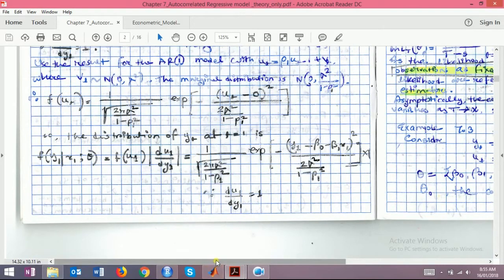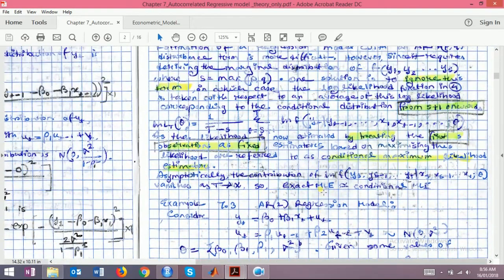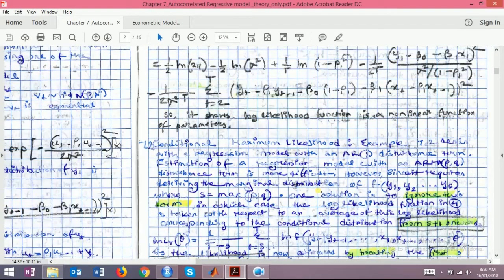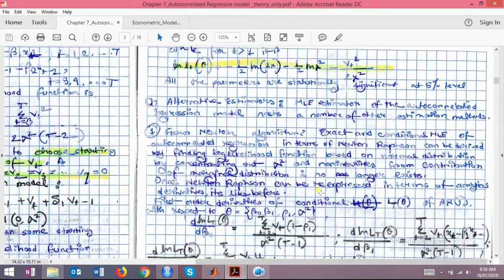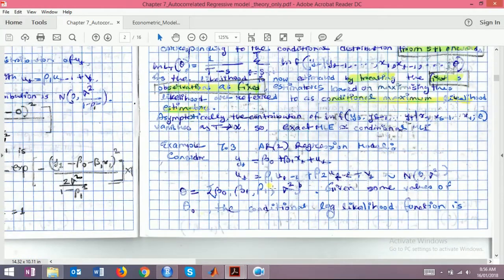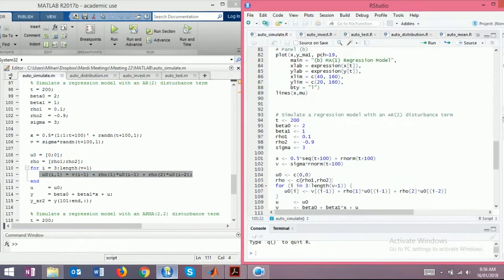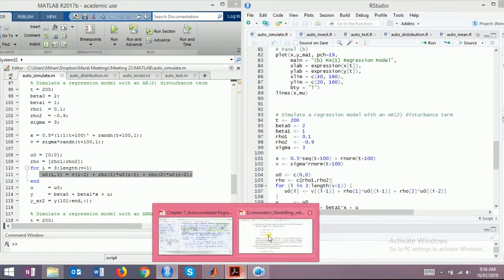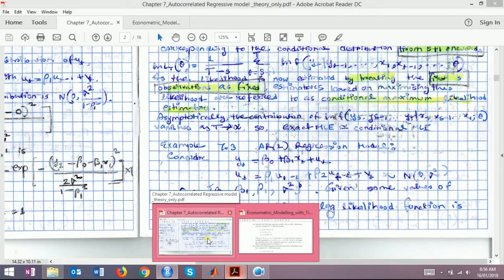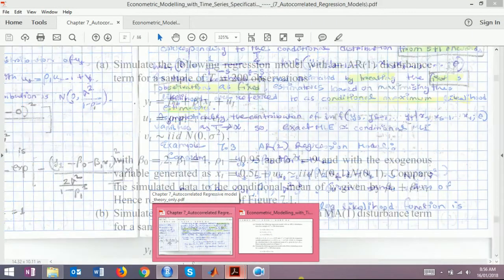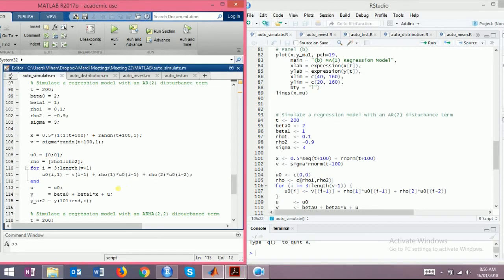And AR1 MA1, if we have, I'm not sure if we have an AR2 here. Yeah, I think so. AR2: rho 1 ut minus 1 plus rho 2 ut minus 2 plus vt. This is the same equation that we are dealing with here, vt plus ut minus 1, ut minus 2.